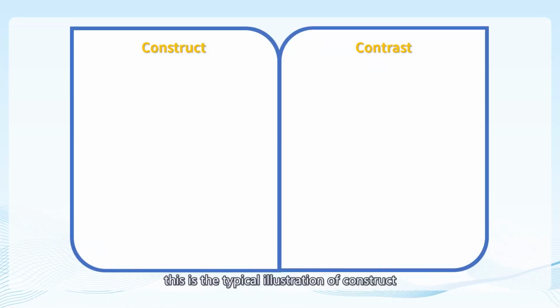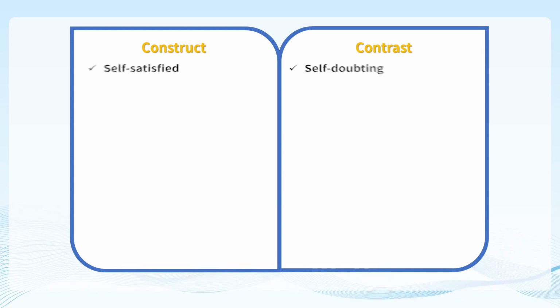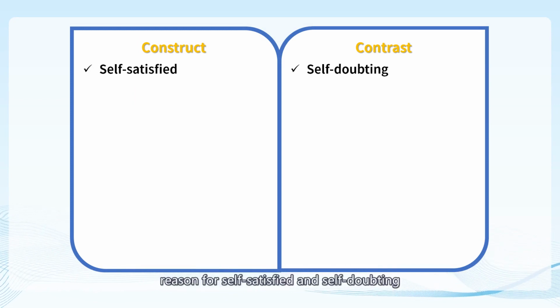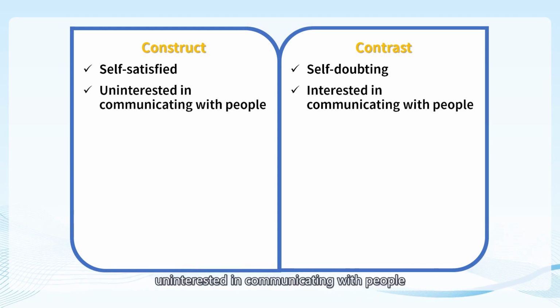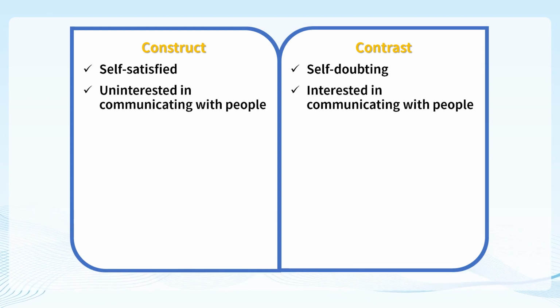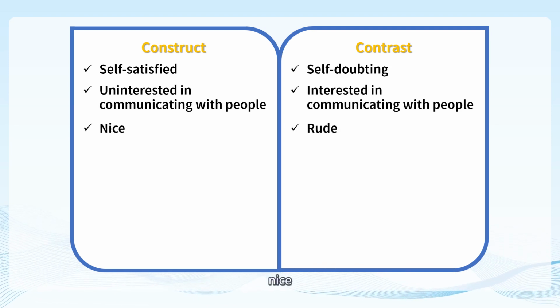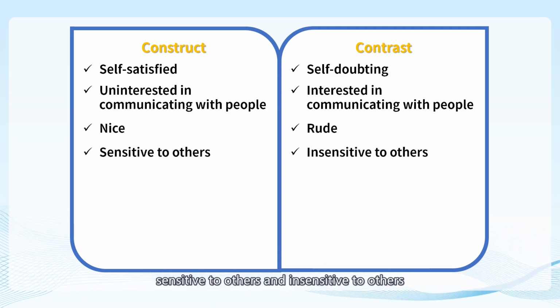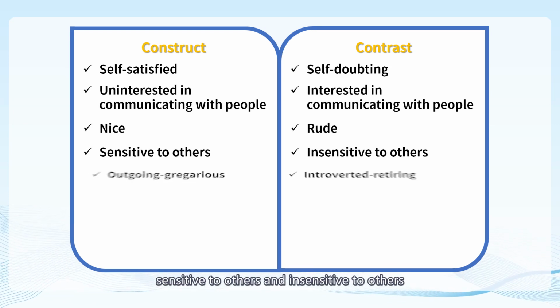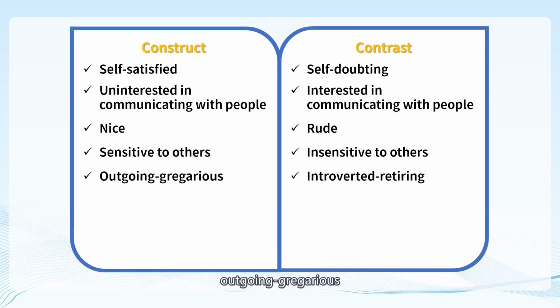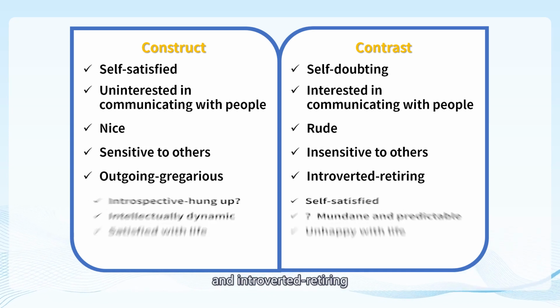This is the typical illustration of construct and contrast. For instance, self-satisfied and self-doubting. Uninterested in communicating with people and interested in communicating with people. Nice, rude, sensitive to others and insensitive to others. Outgoing, gregarious, and introverted, retiring.